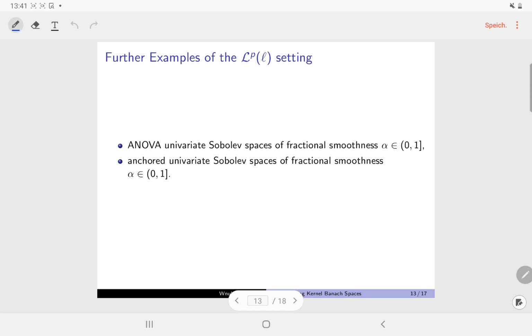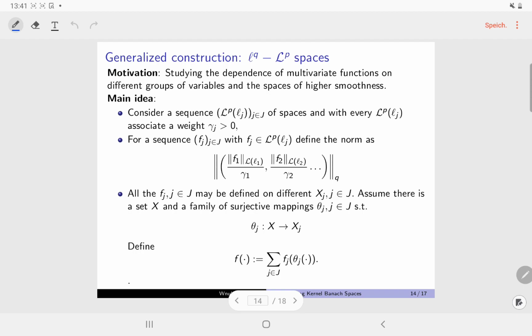Nevertheless, this setting is somehow not rich enough to attack many well-known spaces of functions. That is, we have somehow to extend it. And our main motivation in extending this setting is that we would like to study the dependence of multivariate functions on different groups of variables, and we would also like to study the spaces of higher smoothness.